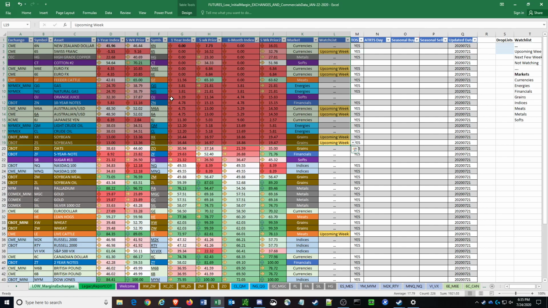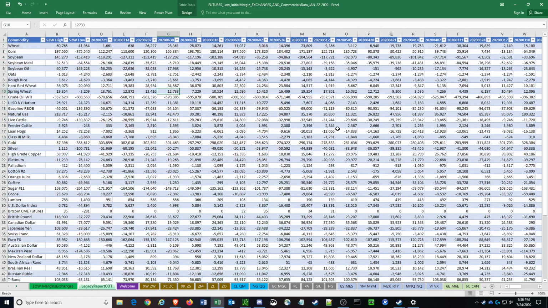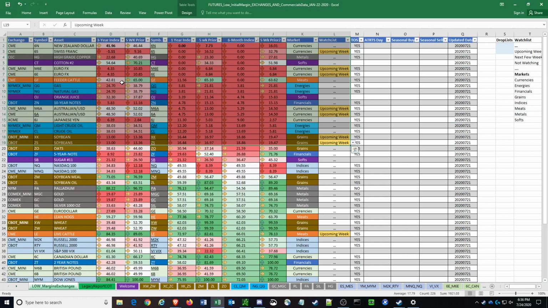While the 6-month index and the 1-year index here are automatically updated based on the minimum and the maximum value, the 3-year index is something that we have to do manually, unfortunately, because we get our data from Barchart, incorporate it into the report, and do our searching and indexing based off this. But they only give us 1 year of data, so we're looking into doing something with the 3 years of data.